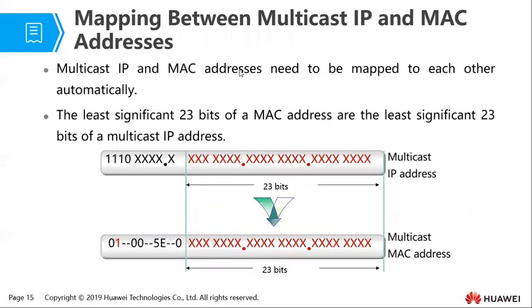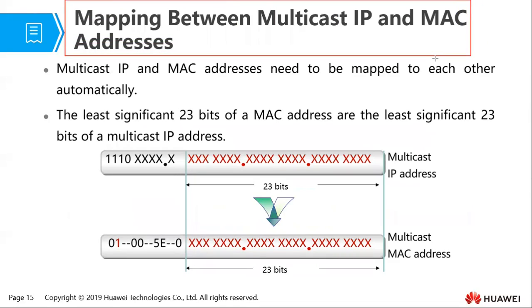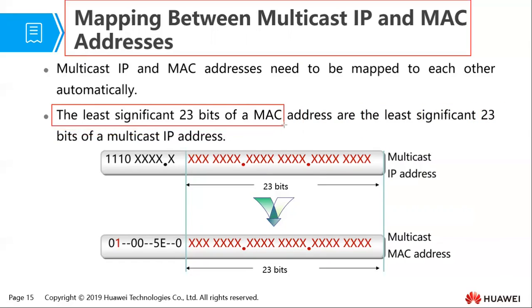Generally, we generate a multicast MAC address by mapping a multicast IP address to a multicast MAC address. So how do we do that? As I've just shown you, the most significant 25 bits will always be like this.